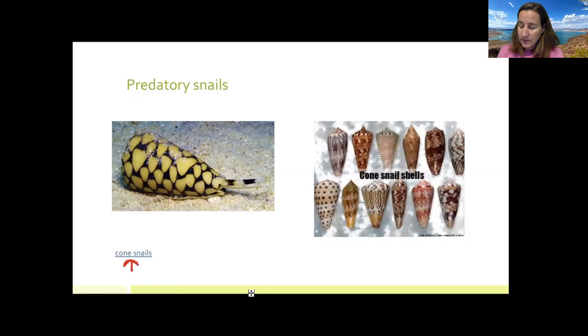So we have this video that you can watch. I think it's a good one that shows the cone snail hunting, how it hunts, and then envenomates its prey and brings it in. There is not an anti-venom. Like if you got struck by a rattlesnake and you knew what type of rattlesnake it was, you can tell the hospital, I got struck by a timber rattler, and hopefully there is ready-made anti-venom for you, and your body can be injected with it and treated, and hopefully you come back and battle that out.